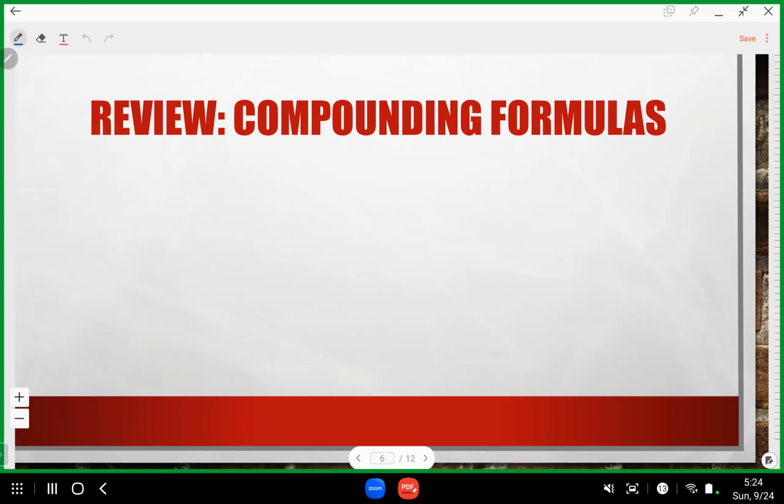So now let's review compounding formulas. Everybody should have taken notes on these compounding formulas. Let's everybody just put in the chat the 3 compounding formulas that don't involve e that we learned: compound interest, doubling time, and half-life.